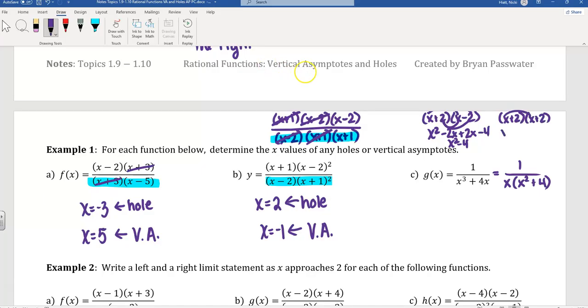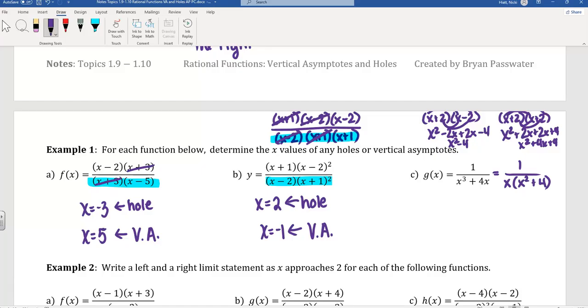But this isn't going to work because here we'll get our x squared, then a positive 2x and another positive 2x and a plus 4. So that's x squared plus 4x plus 4. So that also does not factor to x squared plus 4, right? So that doesn't factor any further.